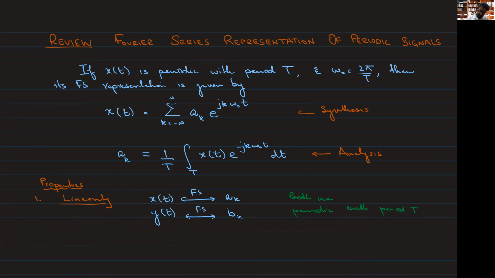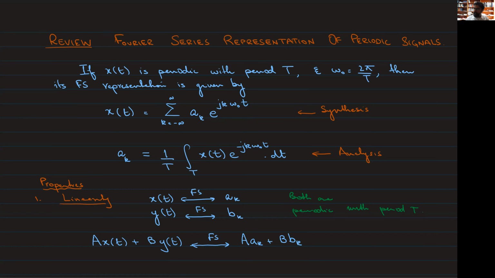Then the linearity principle states that if I form another signal, capital A times x of t plus capital B times y of t, the Fourier series coefficients are going to be capital A times a k plus capital B times b k.